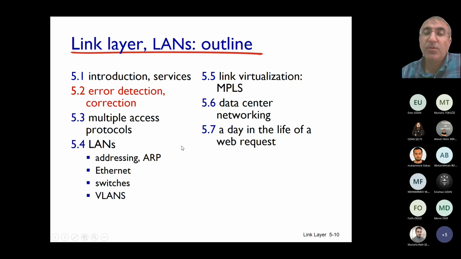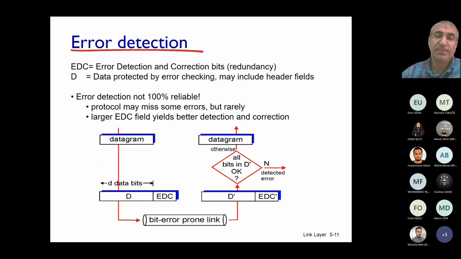Okay, so now let's move on to the next mechanism, which is called error detection and correction. Error detection and correction, which we call EDC, where D stands for the data protected by error checking, and this may include some header fields.